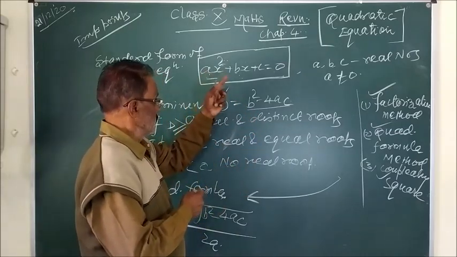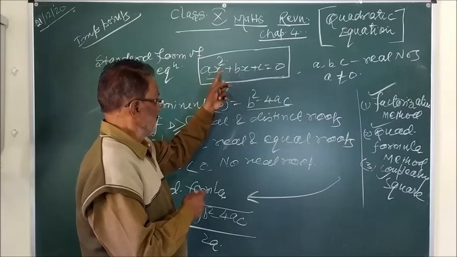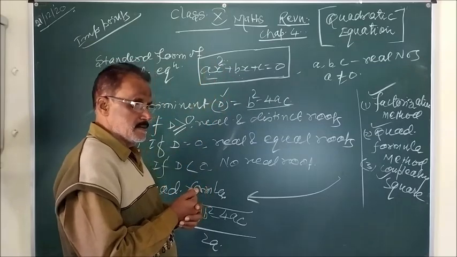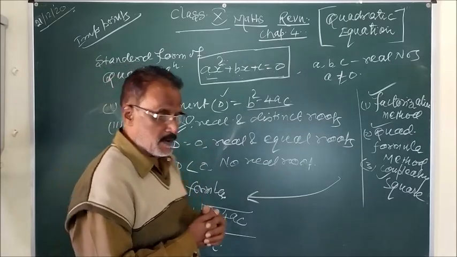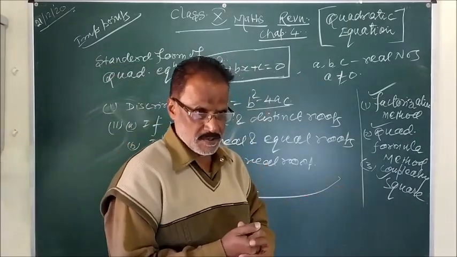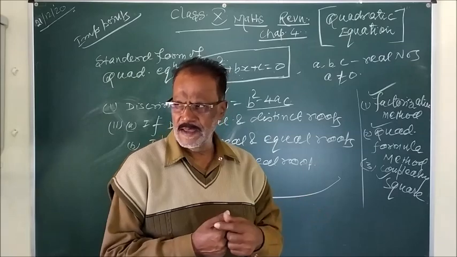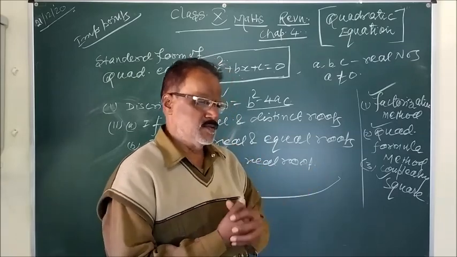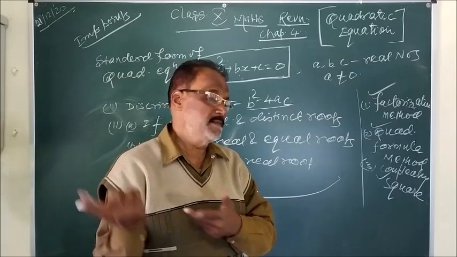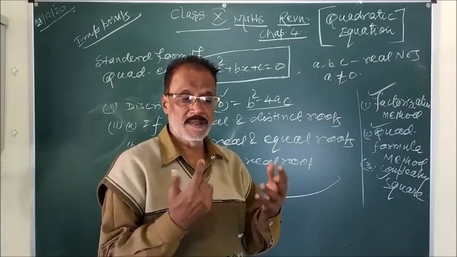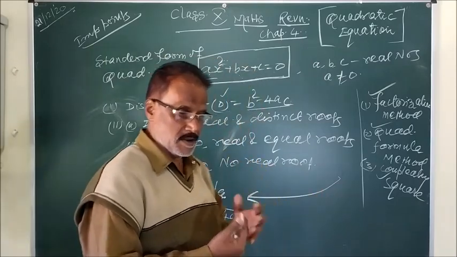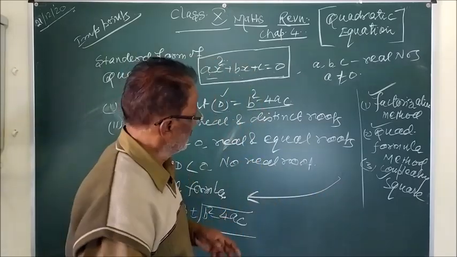I am also reminding you that the maximum power gives the number of roots. This means in a quadratic equation there will be two values of the variable. These two values may be positive, both negative, maybe 0.